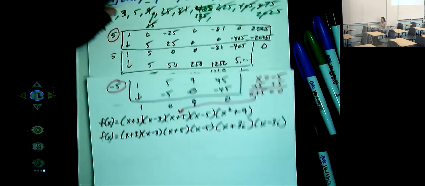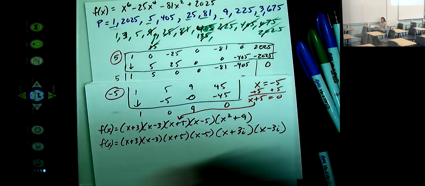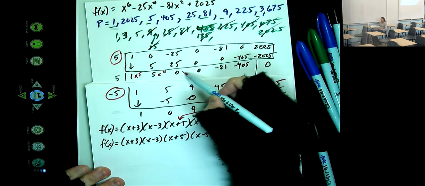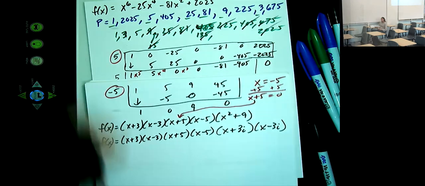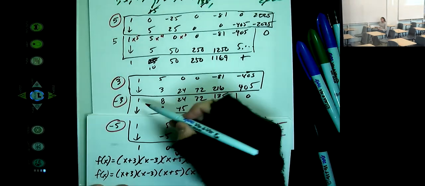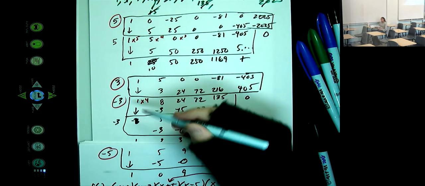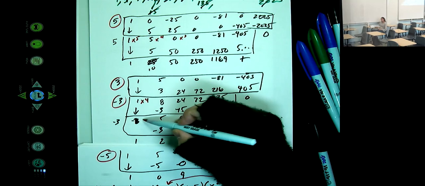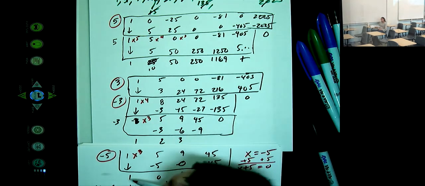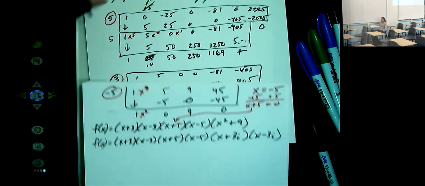We started with an x to the sixth, so this is really a row of x to the fifth, x to the fourth, x cubed. After we beat that row down, it dropped down to x to the fourth. This dropped down to an x cubed. And now this drops down to an x squared. It keeps going down by one degree.